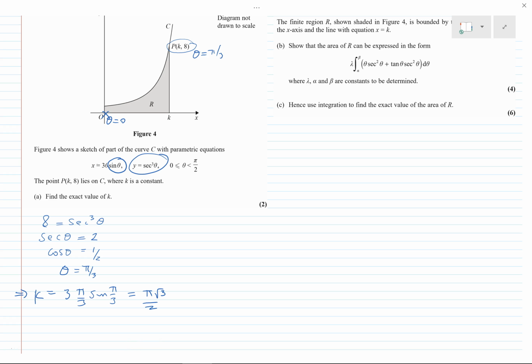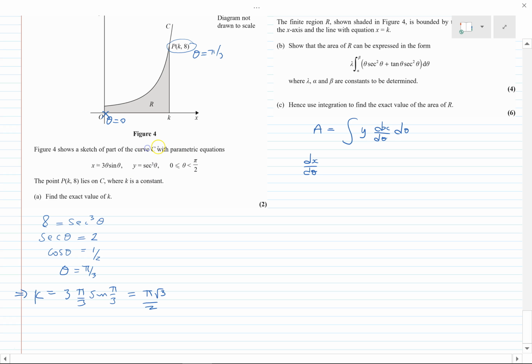So now for part B, we're basically using the parametric equation to integrate. The area, when we're using parametric coordinates, will be the integral between the appropriate limits of y dx by d theta. So we need to find dx by d theta, and we're going to use the product rule for that.